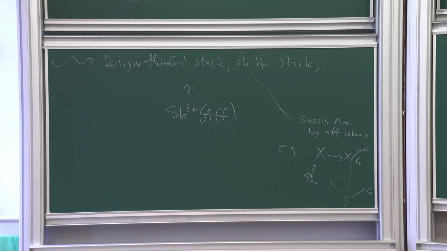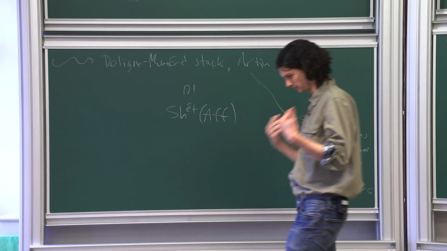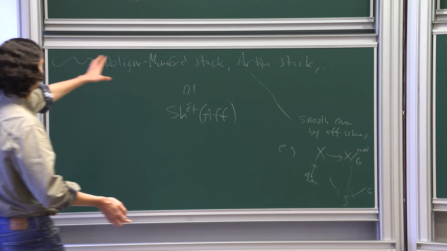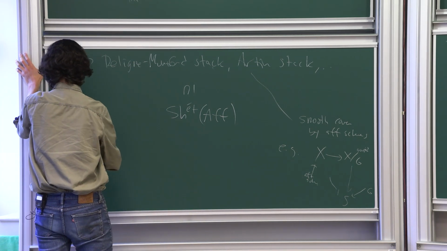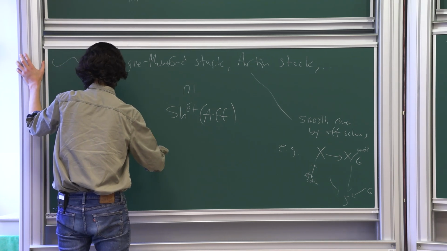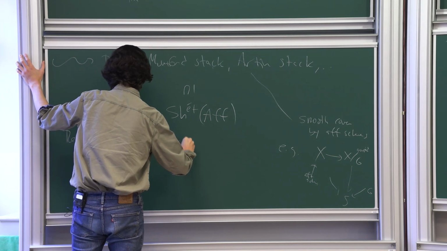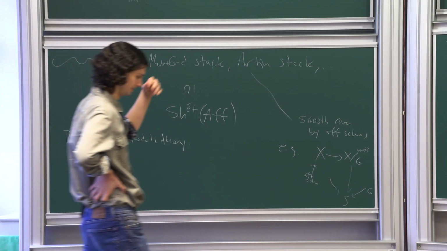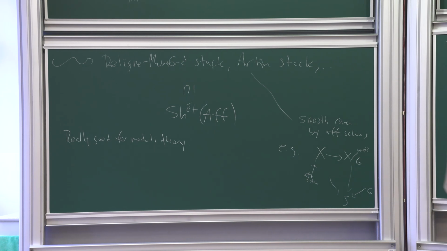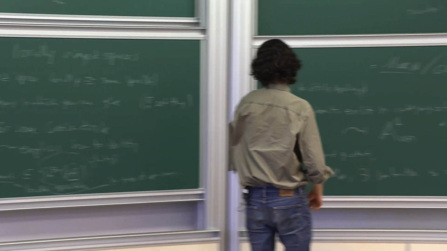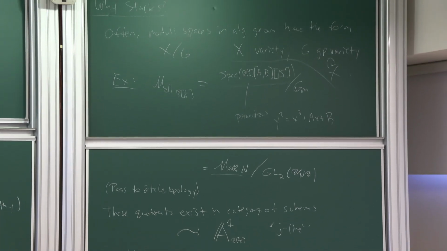Okay. So these are more general geometric objects, and this is really good for moduli theory. The theoretical justification for that is Artin's representability theorem, which gives concrete criteria for when a functor is represented by an Artin stack.